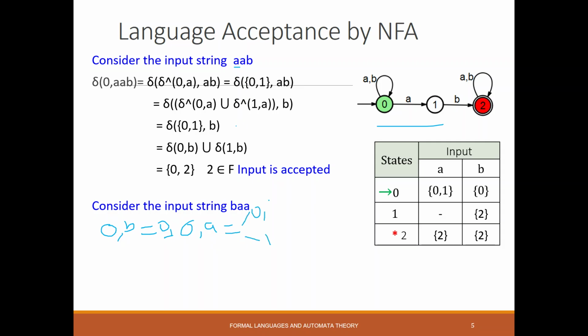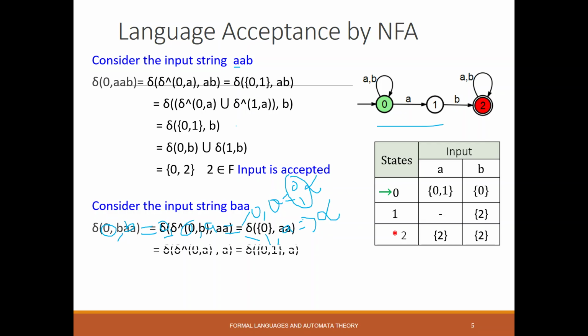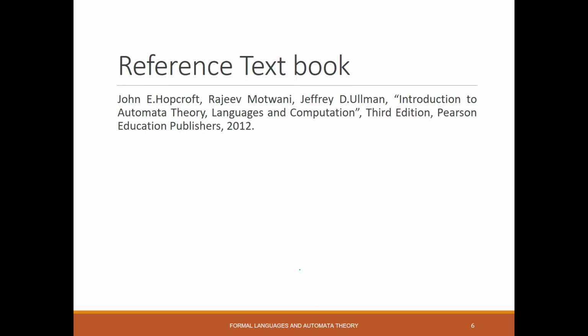Next one is again 0, 0 comma A is again 0 or 1, and 1 comma A is not there. It has not reached the final state, so the input is rejected. Since the state we have reached is not final, this is rejected. Likewise, you have to check. That's all. Thank you.